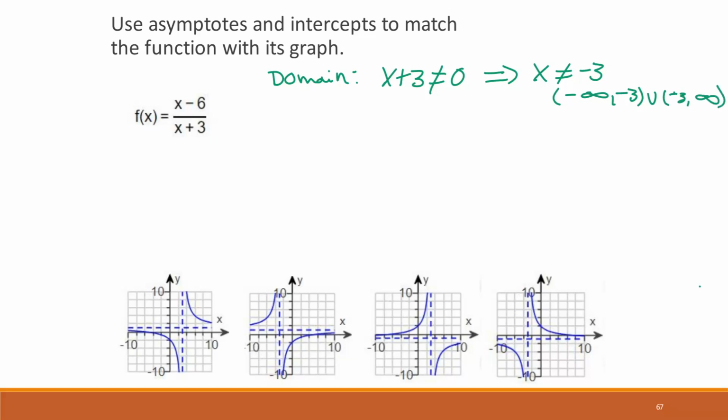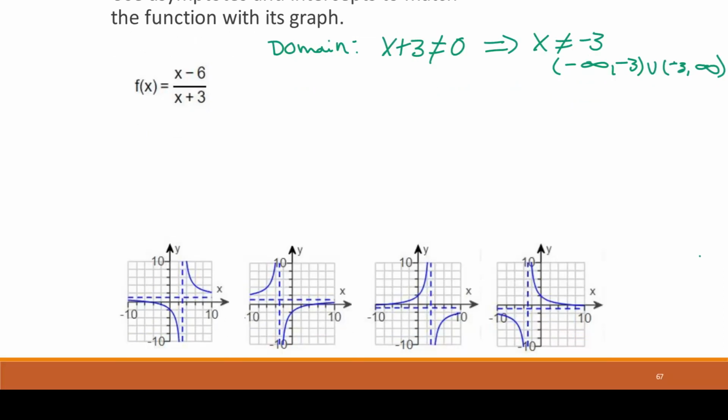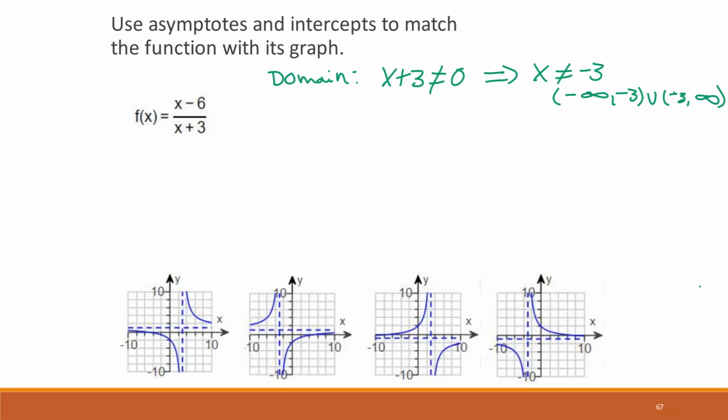Okay, so that's the first thing we need to check. Is our graph got a negative 3? Like, where is that at? Okay, so then let's go ahead and do the x-intercept.